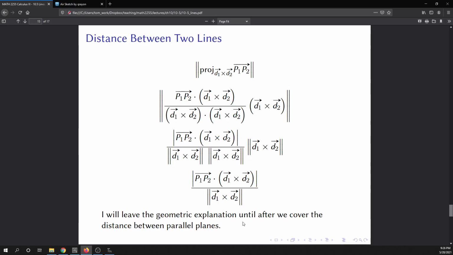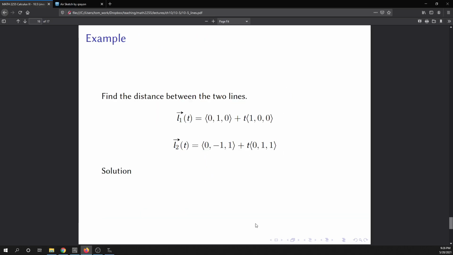It doesn't really help to explain the geometry of it. So I am going to leave the explanation of that until the next section when we talk about the distance between two parallel planes, because geometrically we'll be able to explain this formula in those terms, and I think it's an easier explanation there. Okay. All right, let's run through an example.